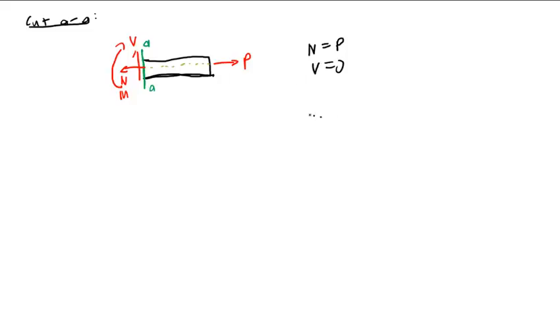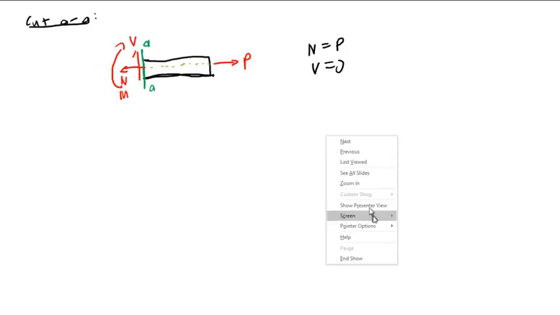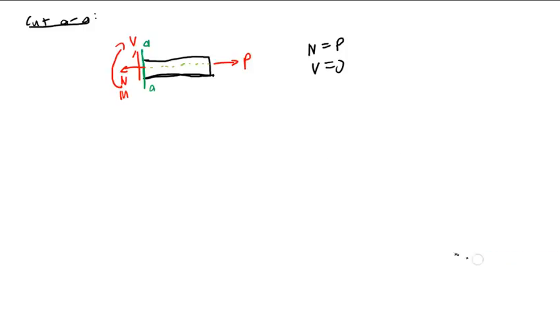If it's the only one, it has to be 0. Or if I do a sum of moments, I will find the moment has to be 0. So on a plane that is cut perpendicular to the axis on a CAL member, the moment will be 0 and the shear will be equal to 0.